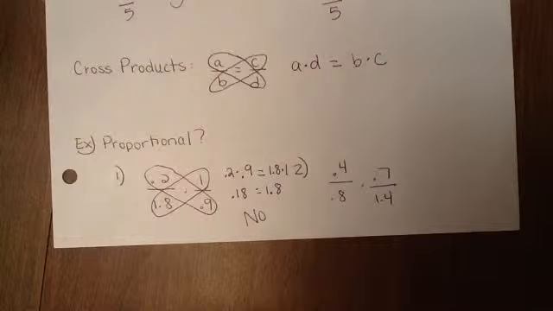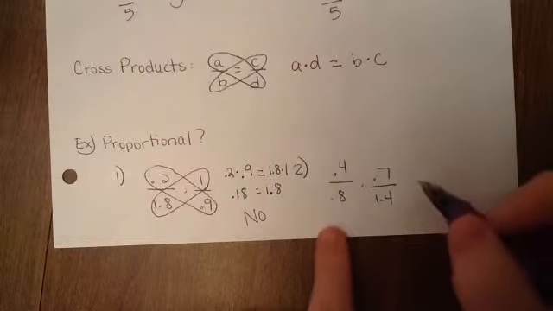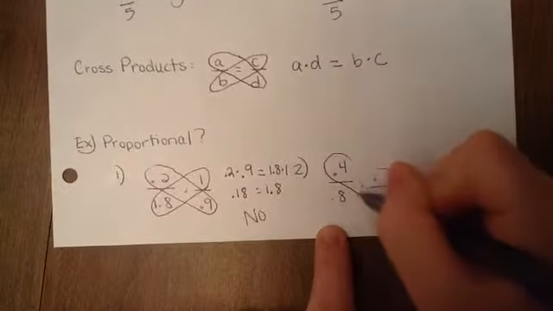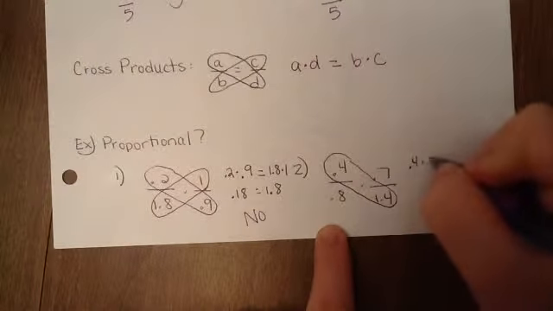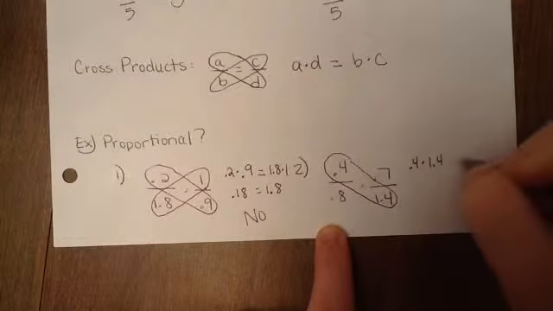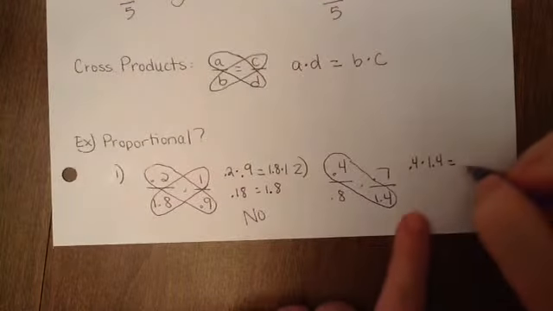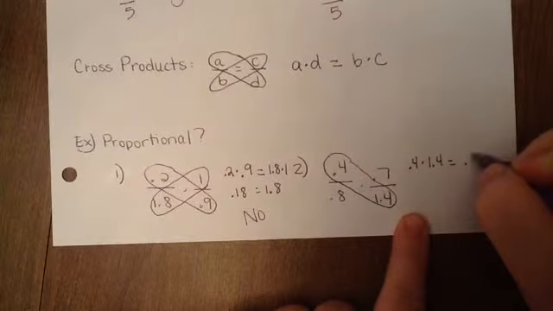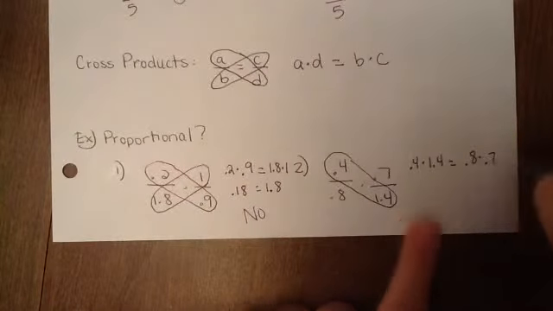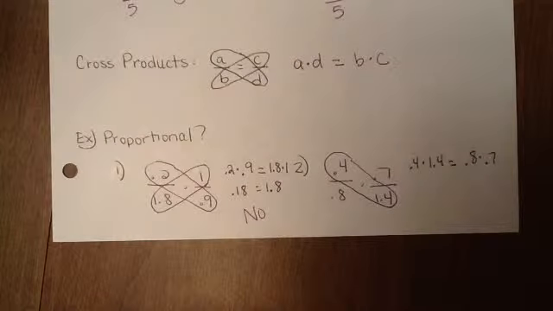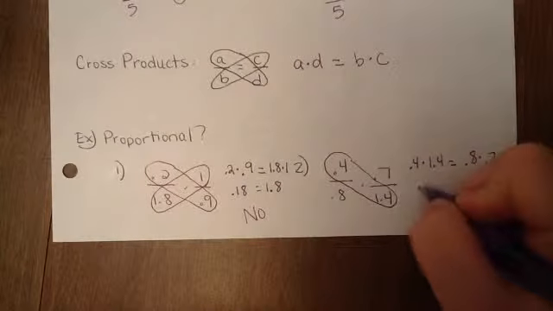Let's see how you did. What was the first diagonal that you multiplied? 0.4 times 1.4. What did you do next? 0.8 times 0.7. 0.4 times 1.4 is 0.56.